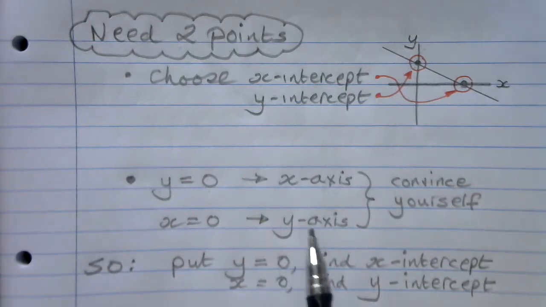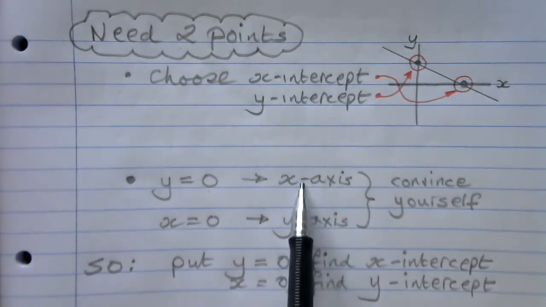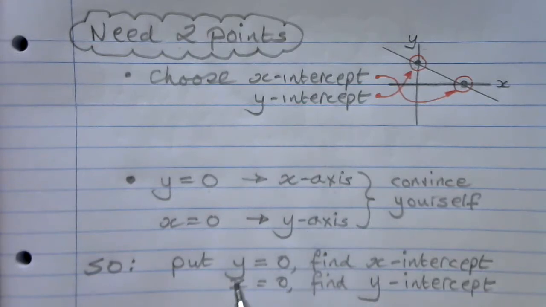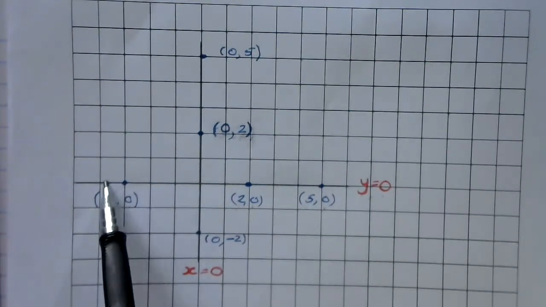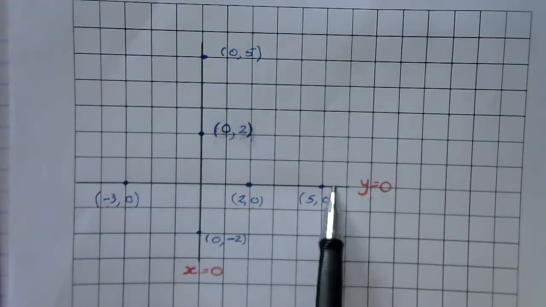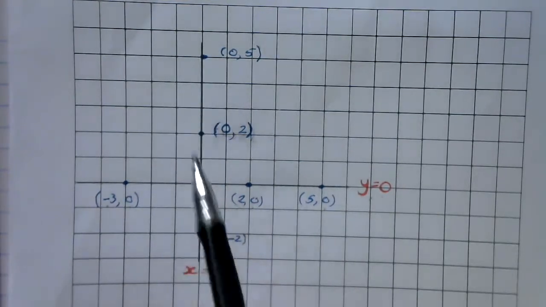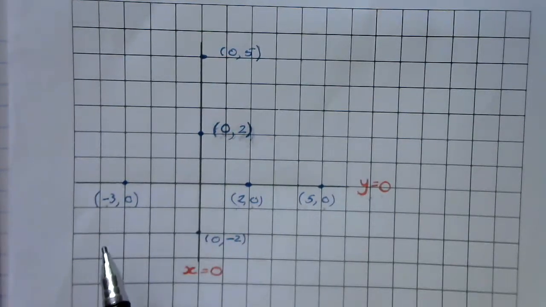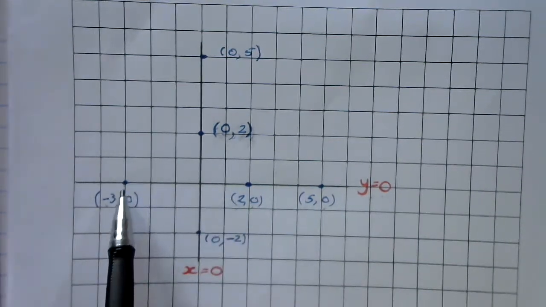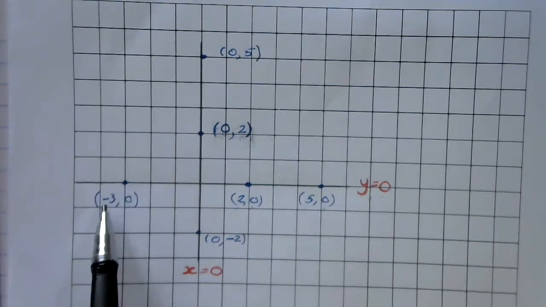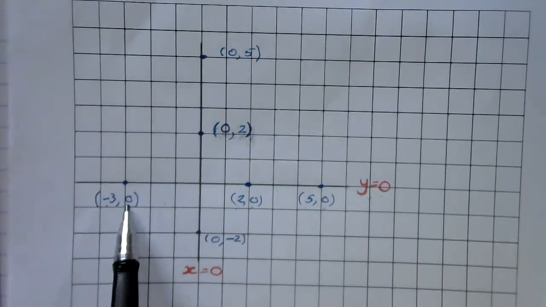Now let's talk about defining the x-axis and the y-axis, and I've got a little diagram here that will help, I hope. So here I've got the x-axis and the y-axis, and we notice that everywhere along the x-axis the coordinates are, for example, this point is at -3, 0.